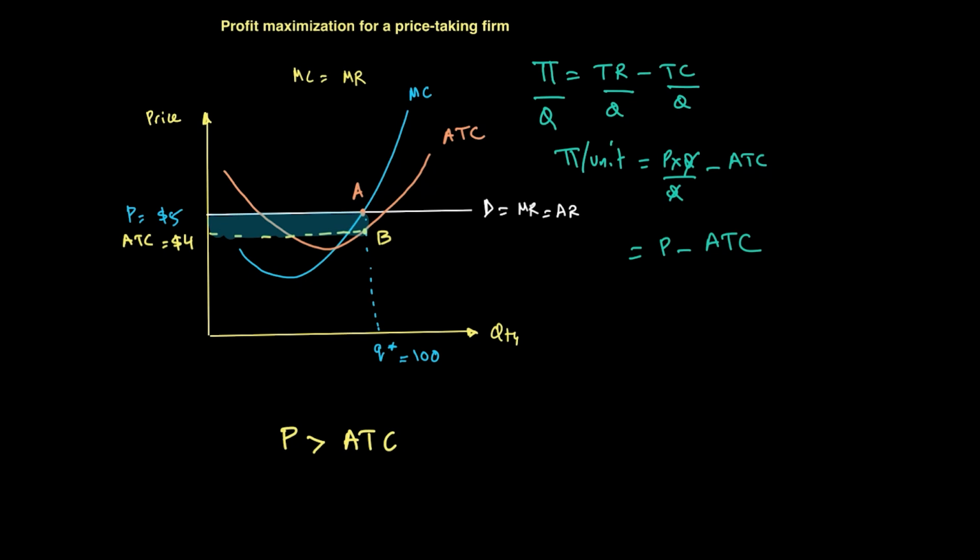Because the price is $5 and ATC is $4, I can find my total profit by first finding my profit per unit, which in this case is 5 minus 4, or P minus ATC, or $1, and then multiplying it by quantity, which is 100, to find my total profit.